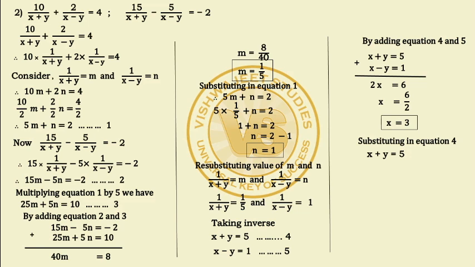At the place of x, substituting the value as 3, we get the equation 3 plus y is equal to 5. 3 is positive. When it goes to the right hand side, it will become negative. So we get y is equal to 5 minus 3. After subtraction, we get the value of y is 2. That is, y is equal to 2.